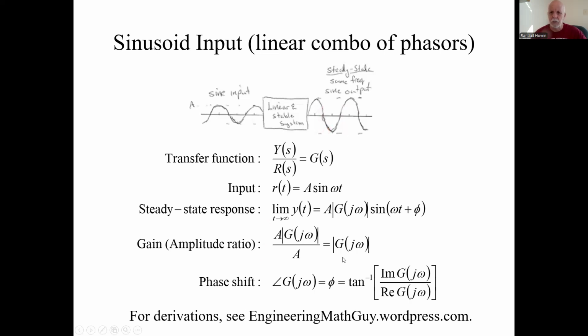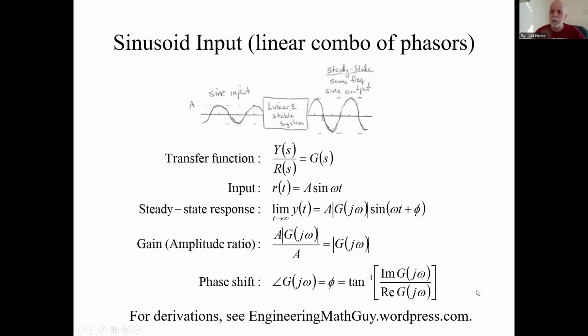And it turns out you can compute both of them from the transfer function itself. Again, the gain, or this ratio between the amplitudes of the input and output, is this magnitude of the transfer function, and the phase is this inverse tangent of this ratio.